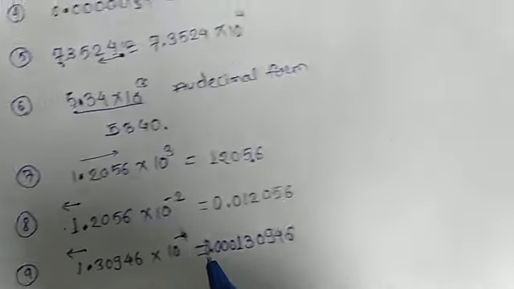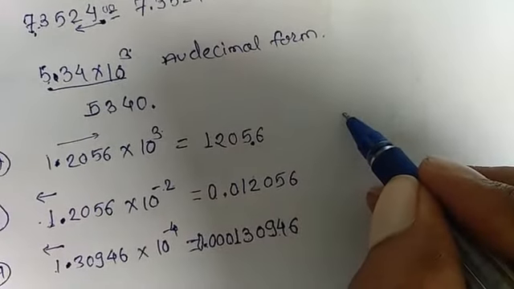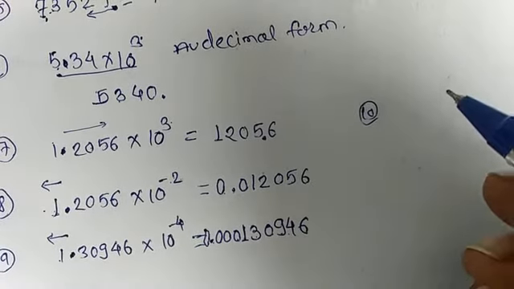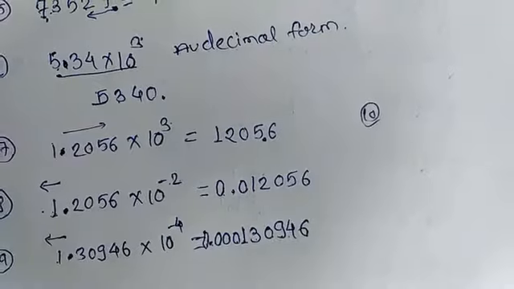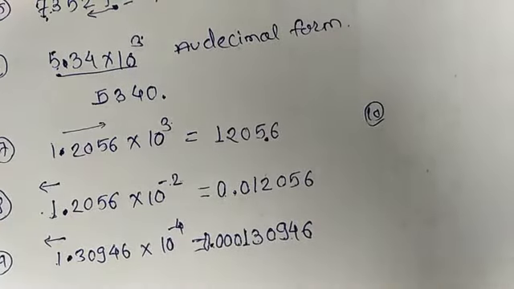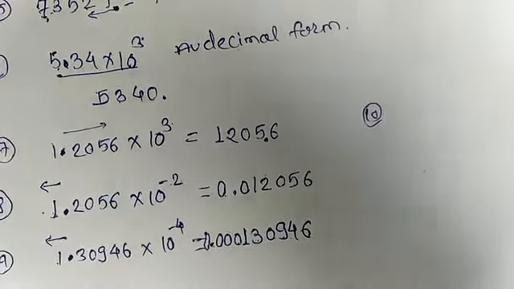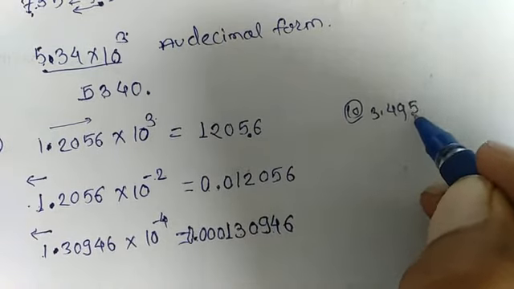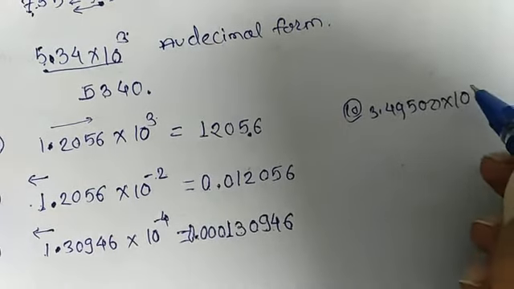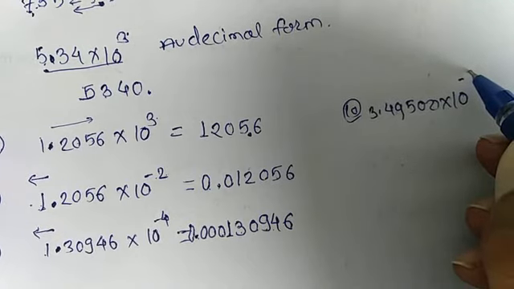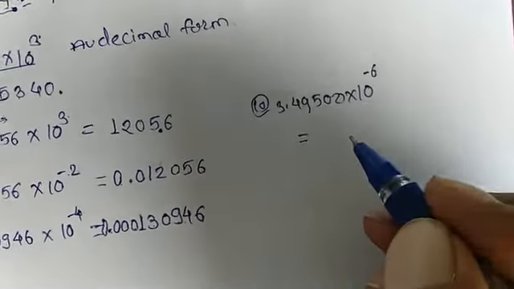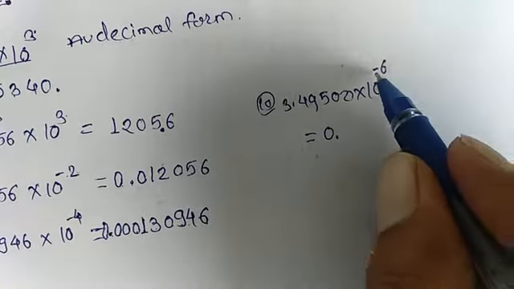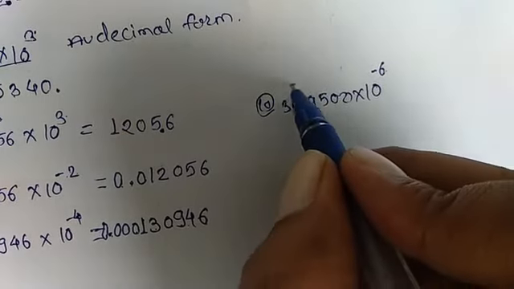Again I will give one more example of this type only. I think you may find it difficult, or you may get jumbled at this stage, so we will take more examples of this type. If we consider 3.4945 times 10 raised to minus 6, raised to minus 6 is there, so we have to shift toward the left side.